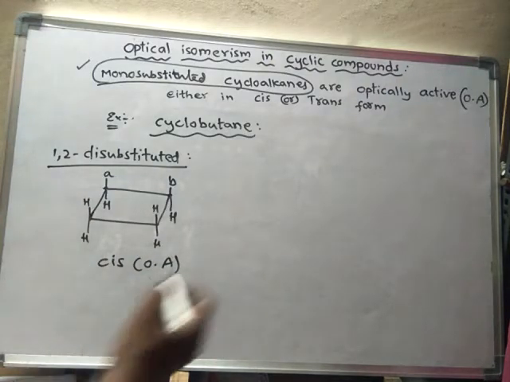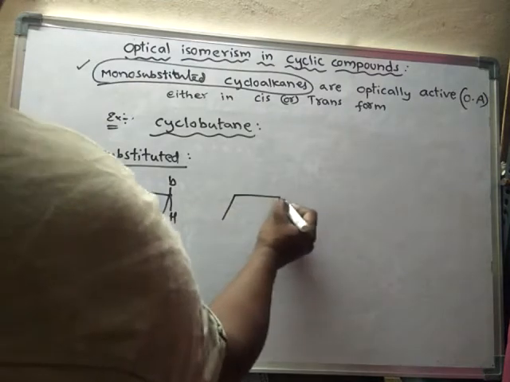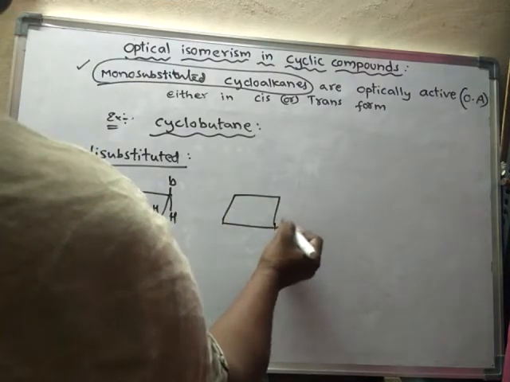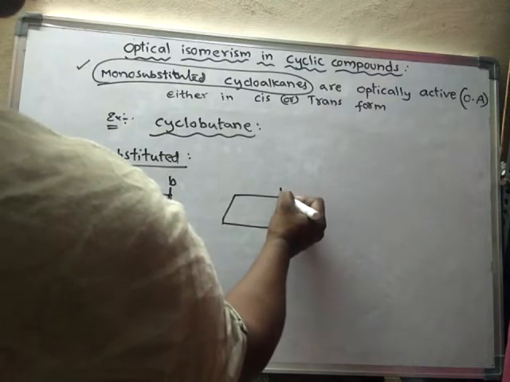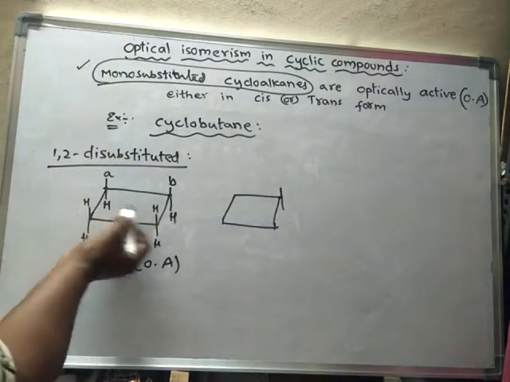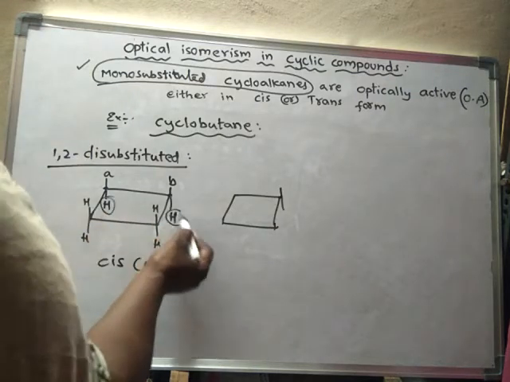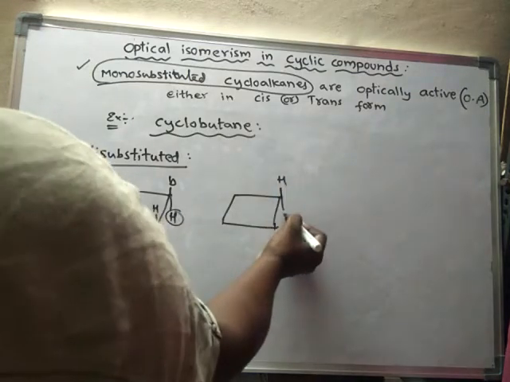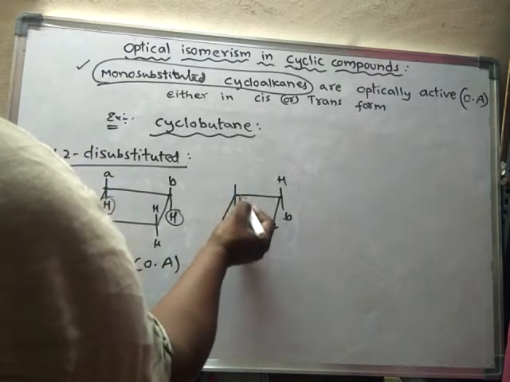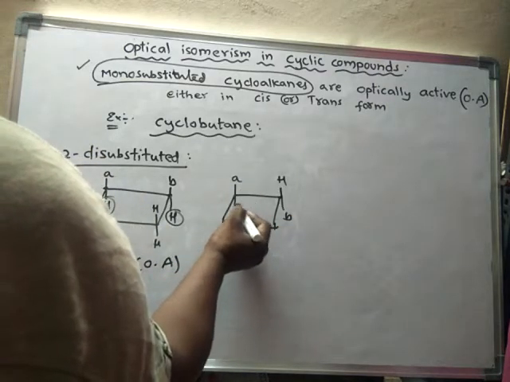Now let us learn the trans form of the same thing. Here two hydrogens are present on the same side, hence it is said to be cis form. I am drawing the trans form of this one.